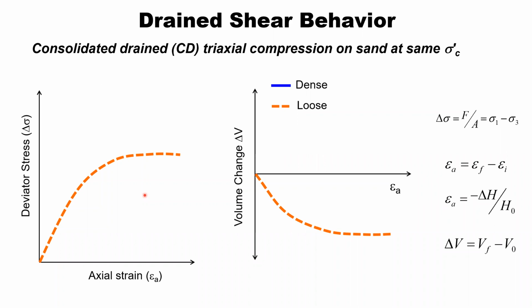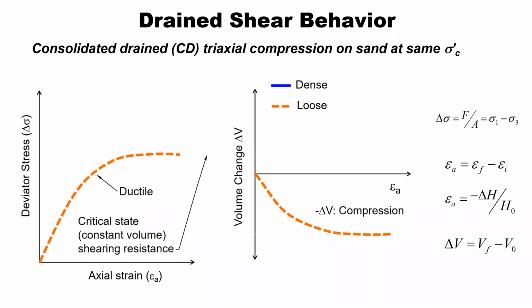They want to densify or contract in order to carry that load that's being placed. So what we see here is that the deviator stress increases as we shear the soil, as it undergoes axial strain. At the same time, those particles are falling into the open spaces and generating more shearing resistance. And that happens until the change in volume starts to level off.